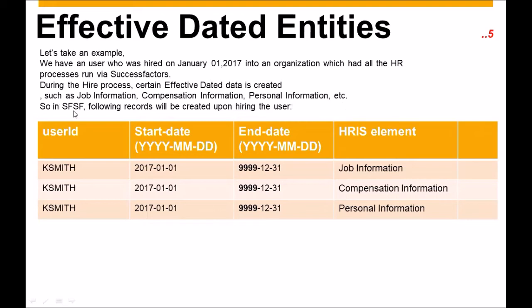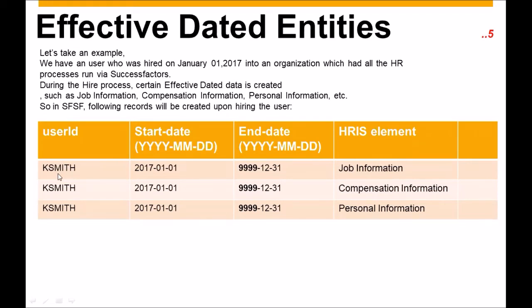In SuccessFactors, the following records will be created upon hiring the user. The first column is the user ID column, then the start date, which is in the YY-MM-DD format. Similarly, the end date, and then the HRIS element, which is nothing but the SuccessFactors object.